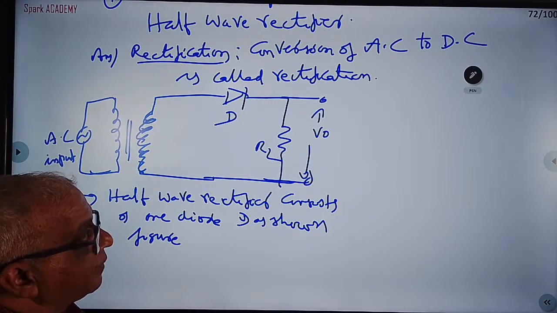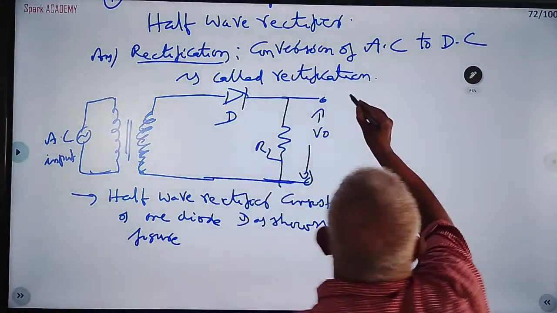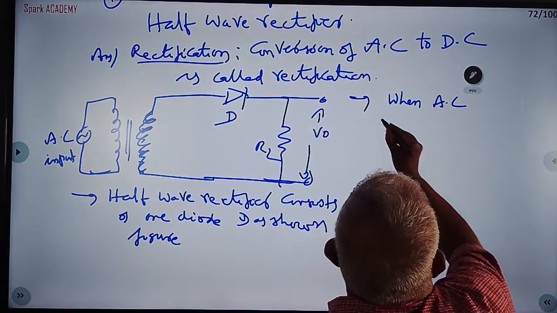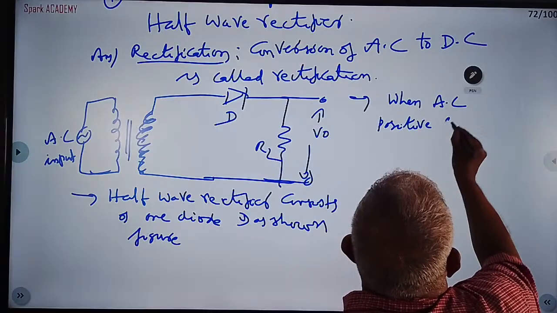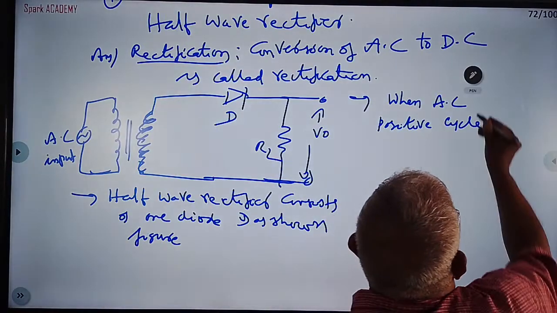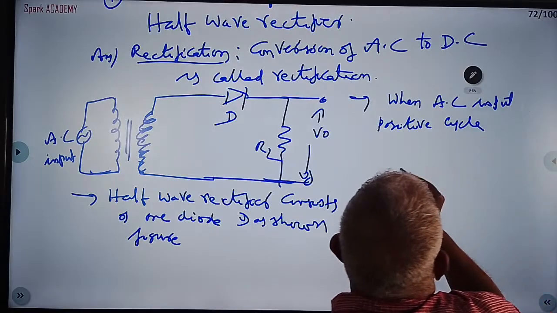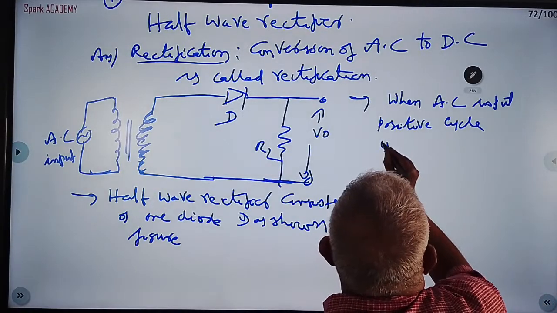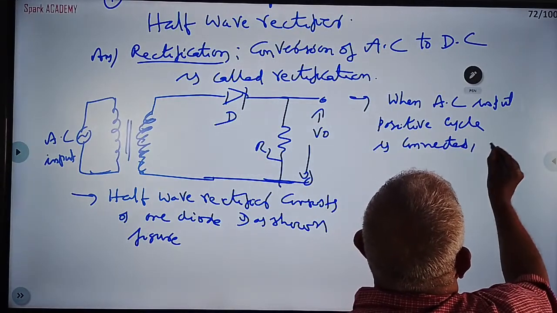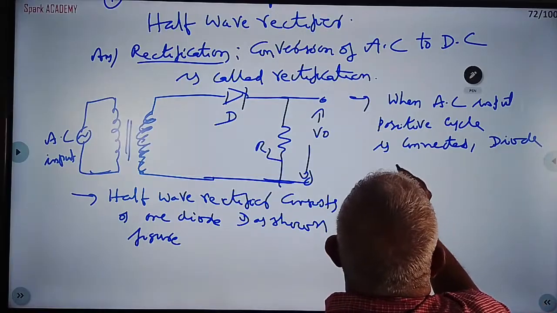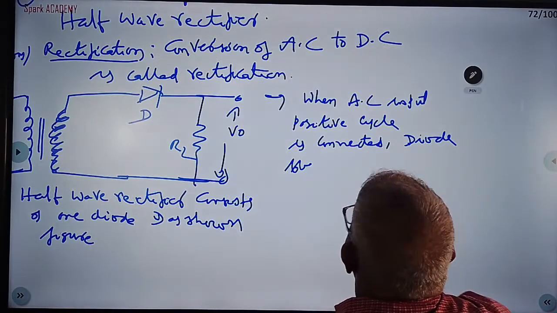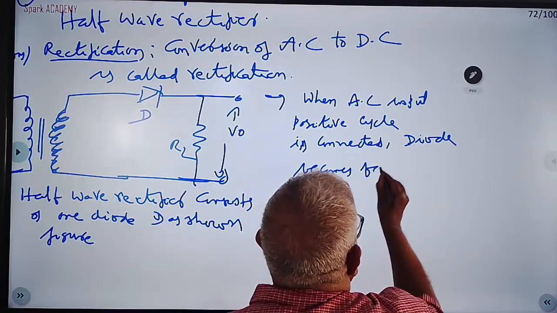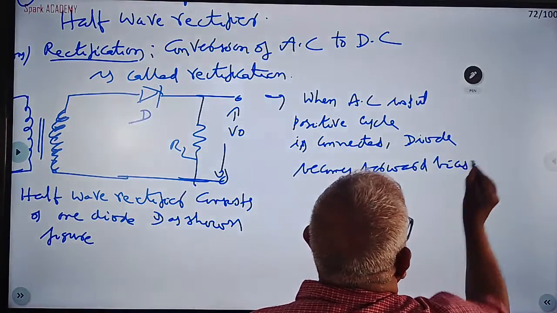This is AC connected. What will happen? Working: what is the working? When the AC input, the positive half cycle, is connected, the diode becomes forward biased.